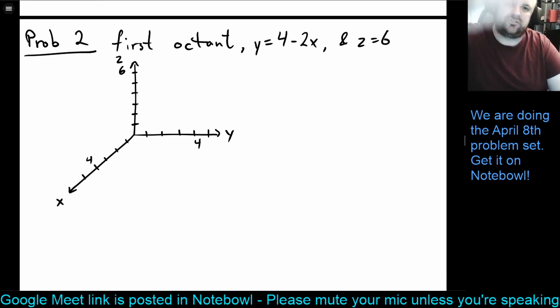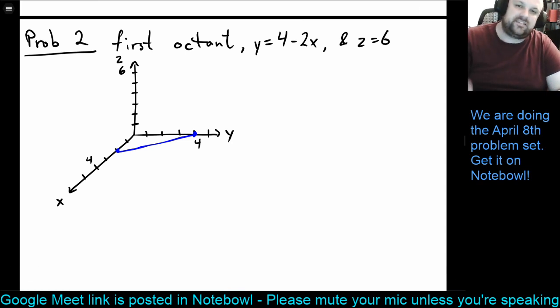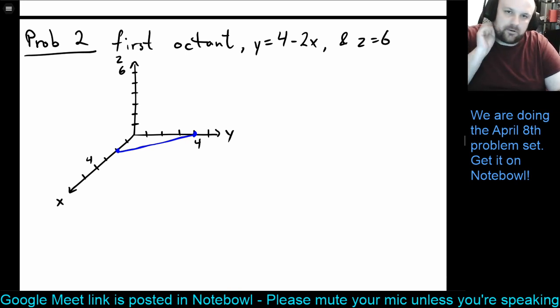It's just going to go straight up and down. So if we graph this line, it starts up here at 4, it ends down here at x equals 2, and it's sort of just this piece right here. Now the plane part of it extends all the way up. And here we're only interested in the first octant, so we only need to worry about the upward part of it anyway.